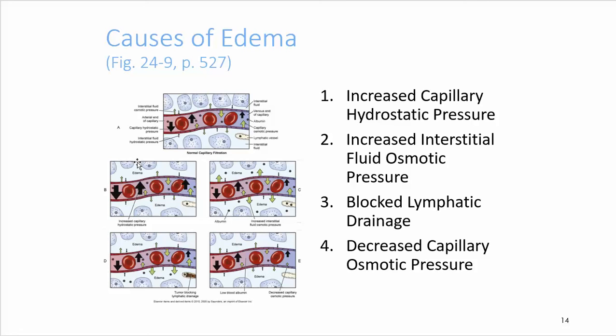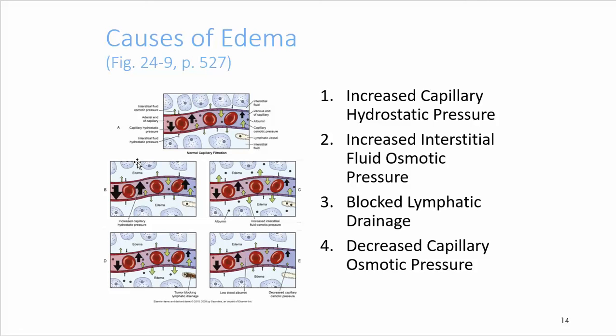Now, there are a lot of things that can block lymphatic flow: lymph node issues, lymph nodes removed surgically in cases of breast cancer, tumors, all kinds of things. Lymphatic flow is an important adjunct to maintaining this balance. So you block the lymphatic flow, and areas distal to the blockage end up with edema. It's not systemic, it is just distal to the blockage, so it's very easy to recognize.